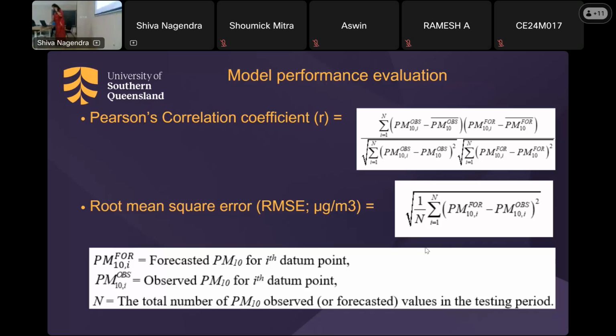So when I work on any model like this, I would also suggest for you as well, whenever you are writing papers, whichever model you use, whichever numerical approach you use, always reuse the formulas as per your own requirement. Like for this, because it was particularly matter 10, this is forecasted PM10 for ith point. So these are my own variables.